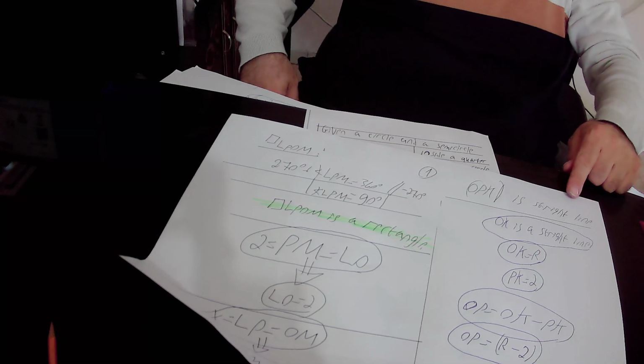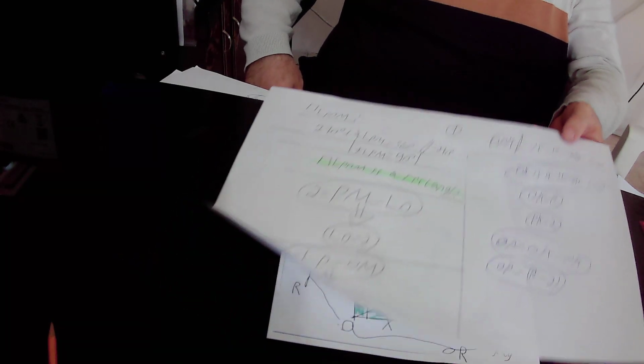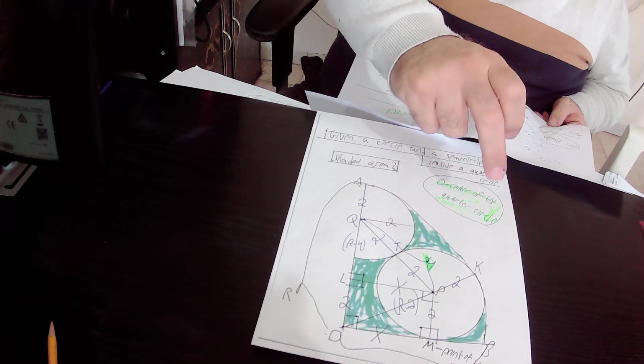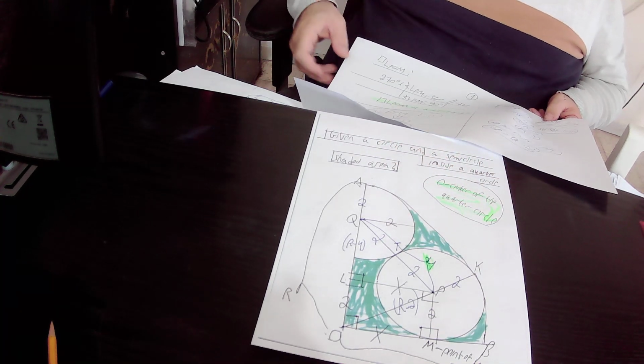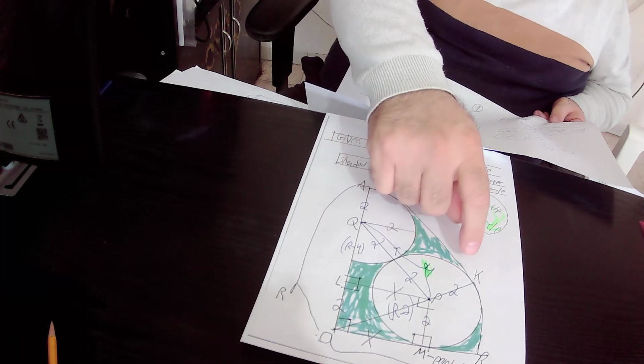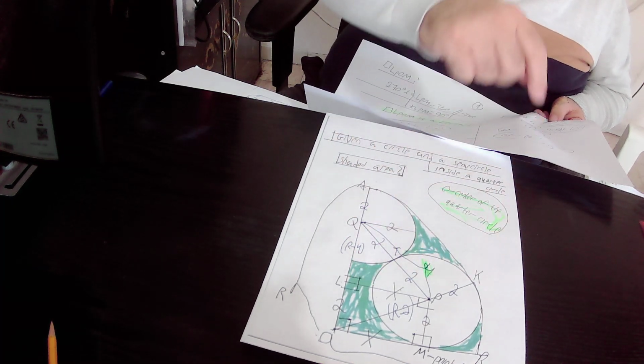So points O, P and K are all located on the same straight line. So if OPK is a straight line, then OK is also a straight line.